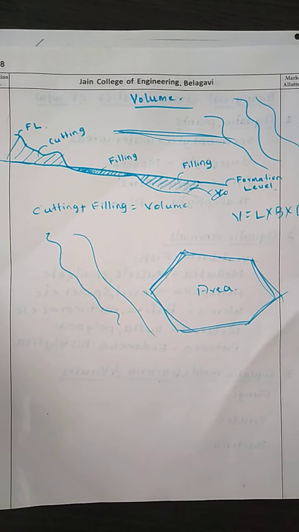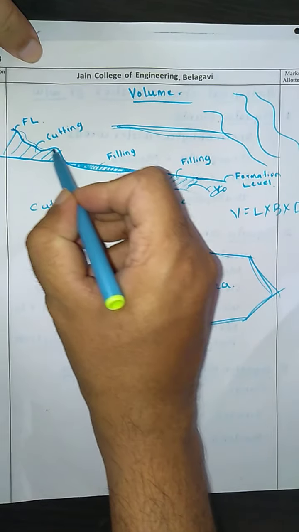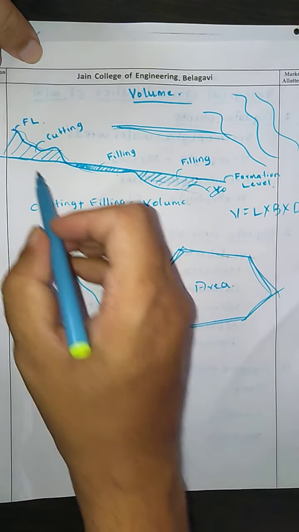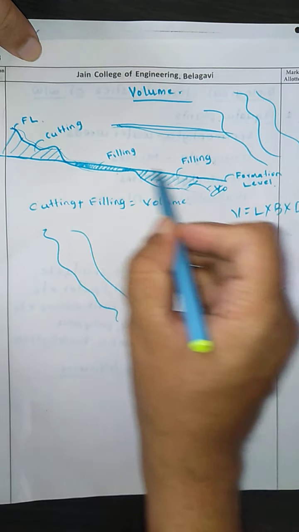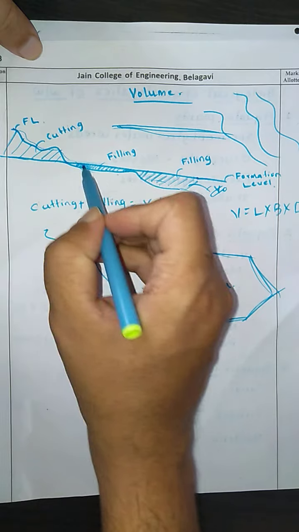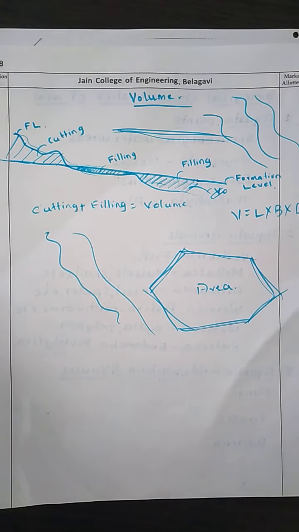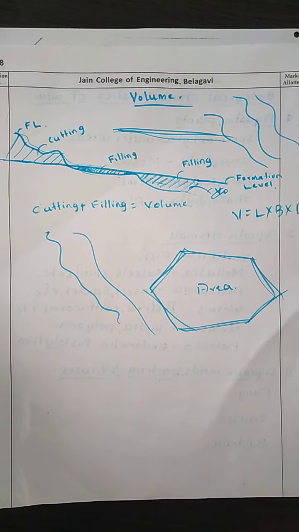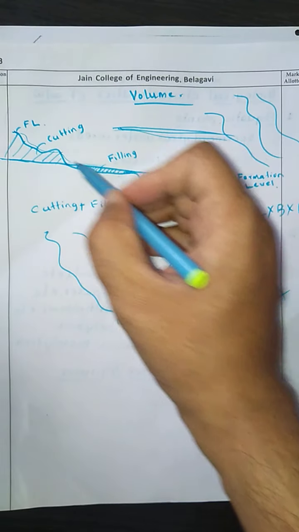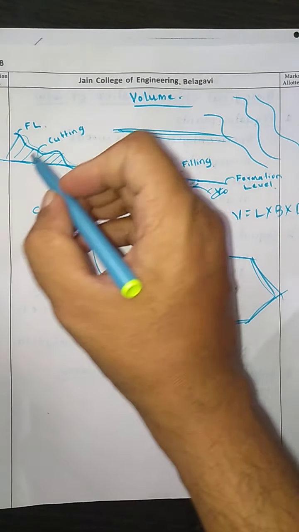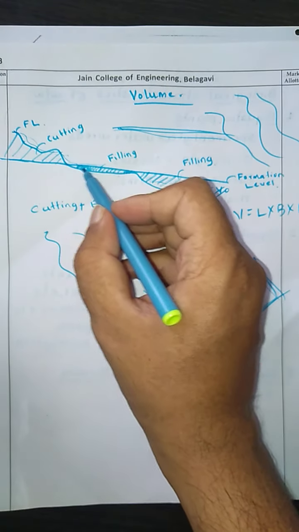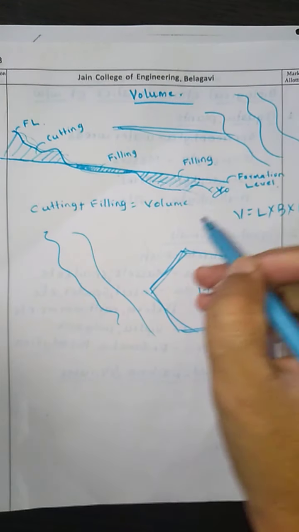Now let me tell you what is your cutting and filling operation. Suppose the ground is undulated, this is your ground formation level. If we want to construct a road over here, we cannot construct the road on this undulated surface, right? So we need to go for cutting and filling operation. For that, you will be taking your RLs by using theodolite or dumpy level.